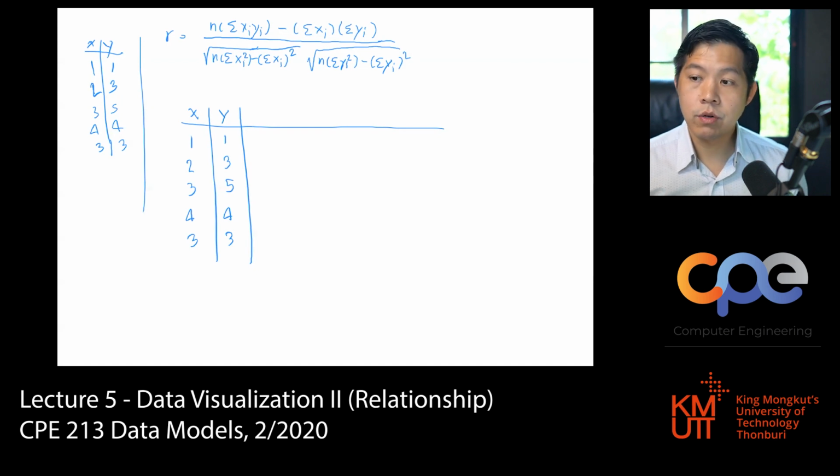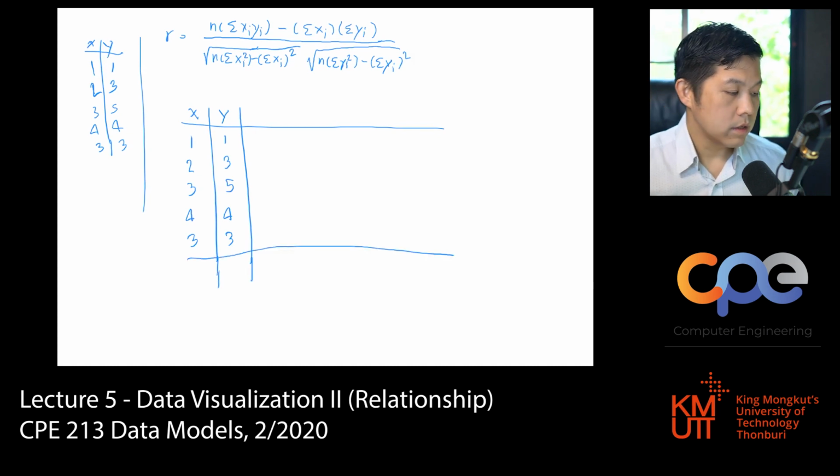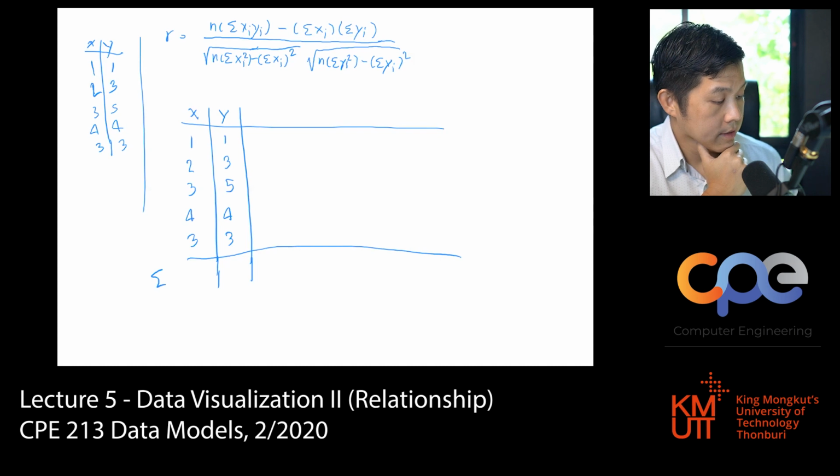So what do we need? If you look at the equation, we need the summation of x and summation of y. So let's draw it down here. Summation of x is 6, 10, 13.